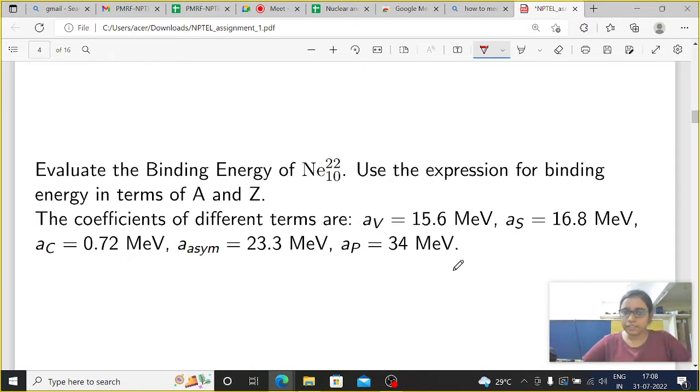These values are given here. So I will say what each and every term stands for.